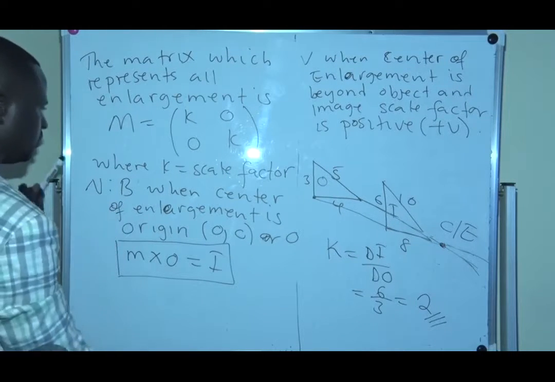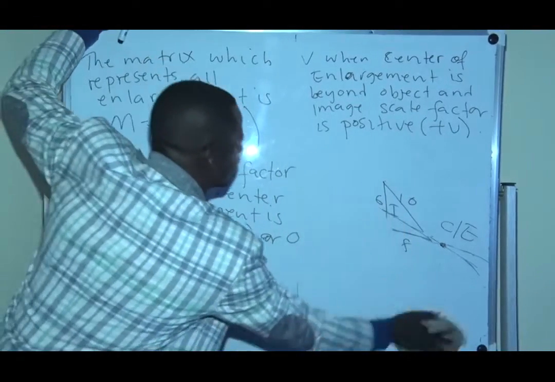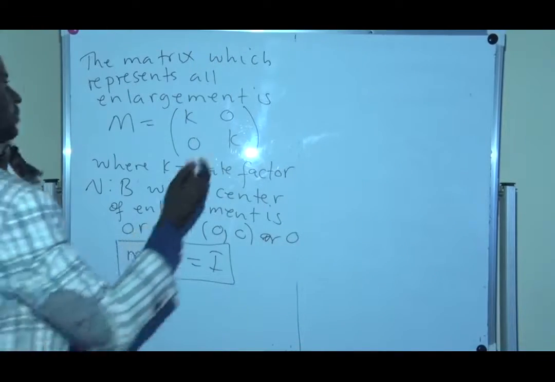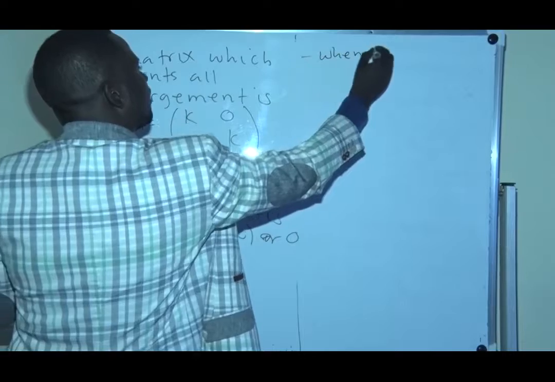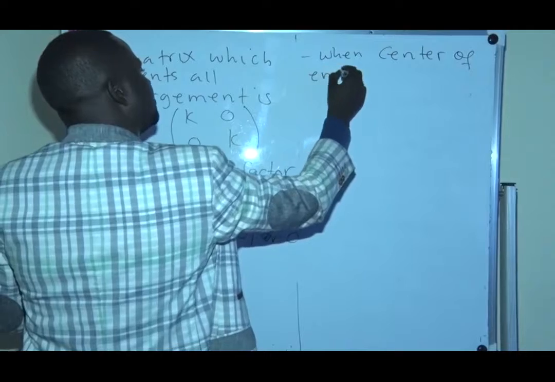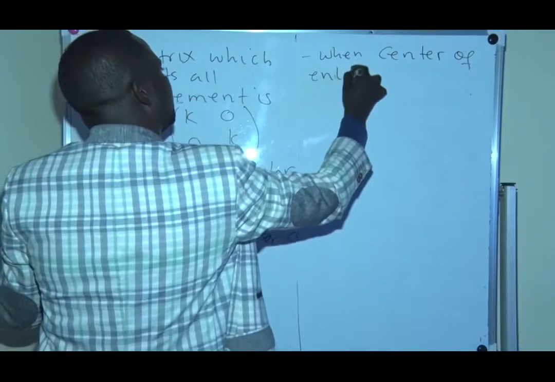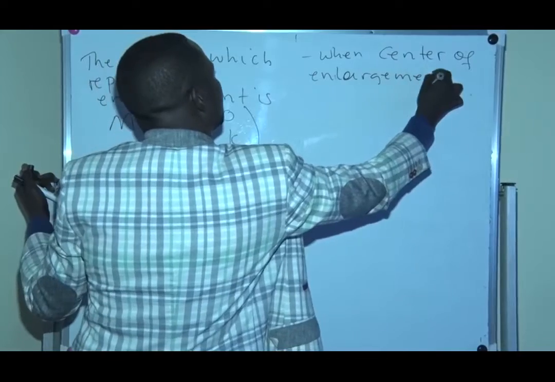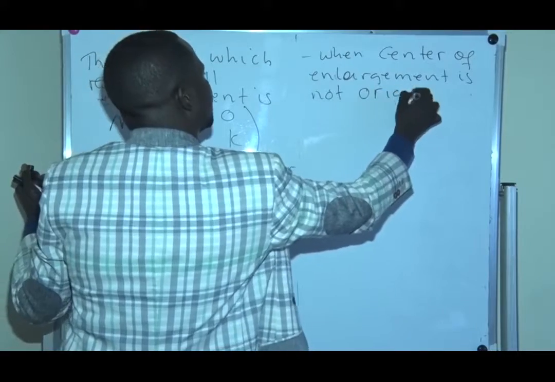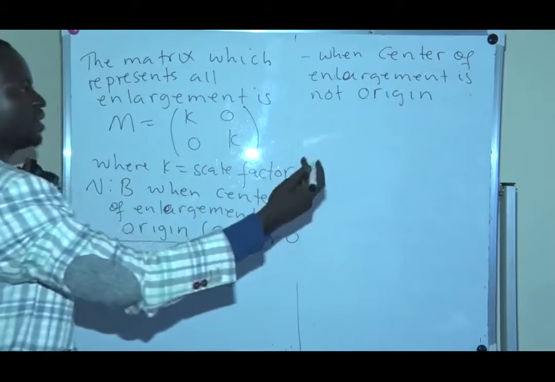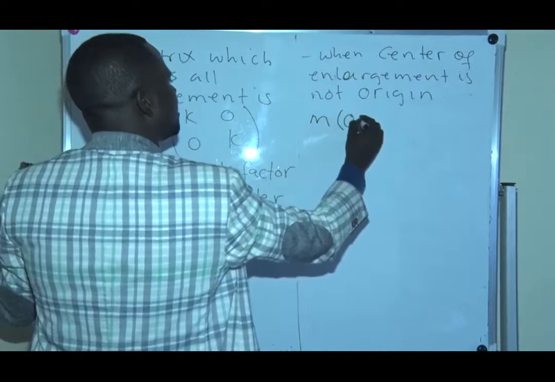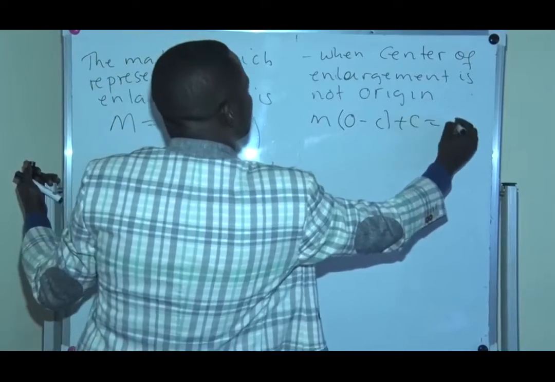Then the number 2 method you need to remember. When the center of enlargement is not origin, meaning it can be 1, something, 0, 0, 1 and so forth, as long as the center is not origin, we use this formula: matrix times object minus center, plus center, equals image.